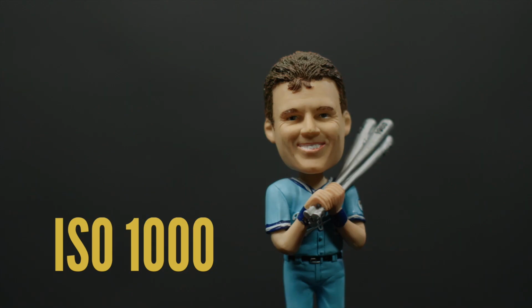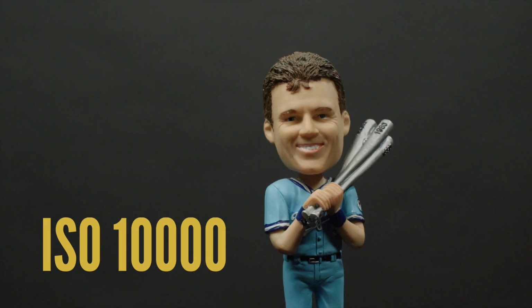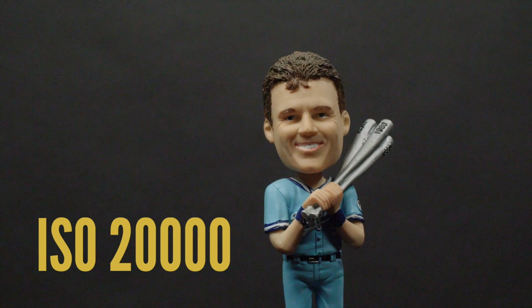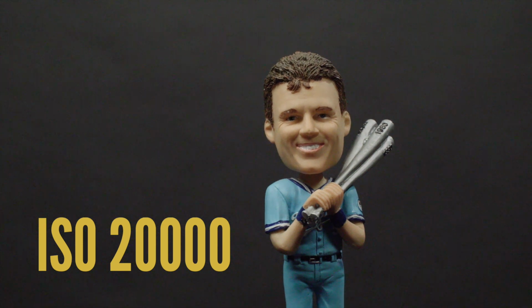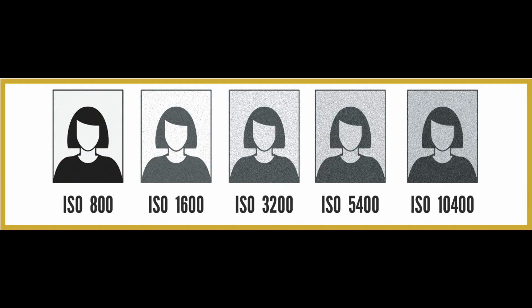So the main thing that you need to know when it comes to ISO is that the higher the number, you will potentially see more artifacts, you will potentially see more noise in your image and not make it as sharp and crystal clear as possible. Here's a quick picture example where you can see that the lower the ISO, the less digital noise there is in your camera. So those are the basics of the exposure triangle.